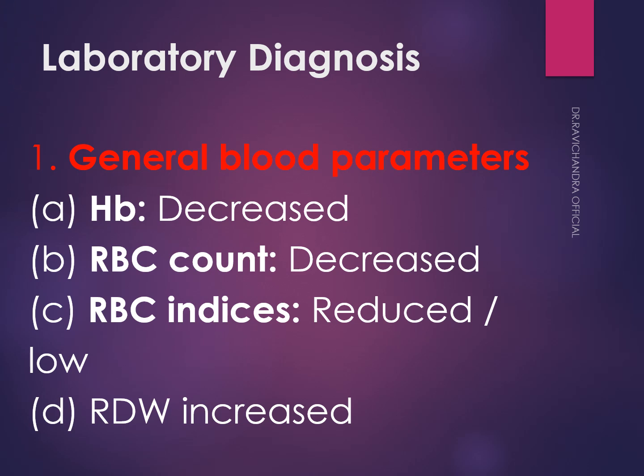The hemoglobin percentage will be decreased, RBC count is decreased, all the red blood cell indices will be low or very much reduced, but red cell distribution width will increase in iron deficiency anemia.